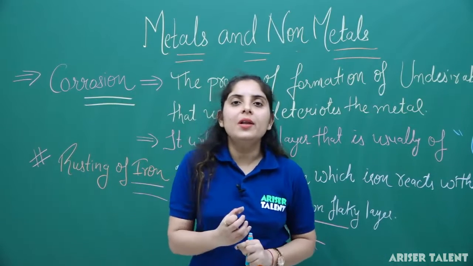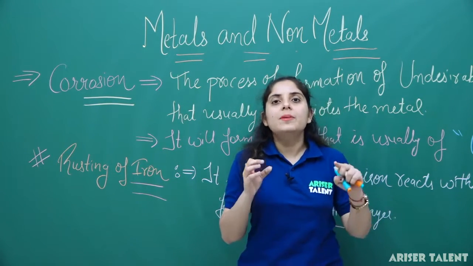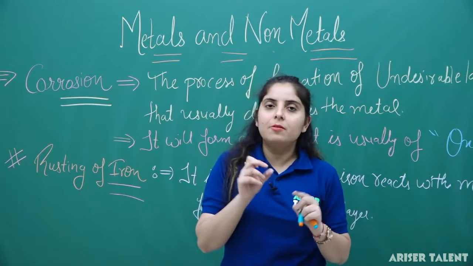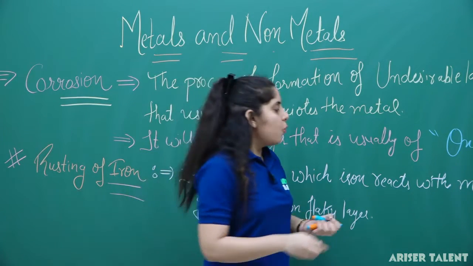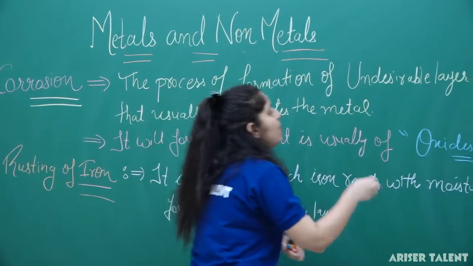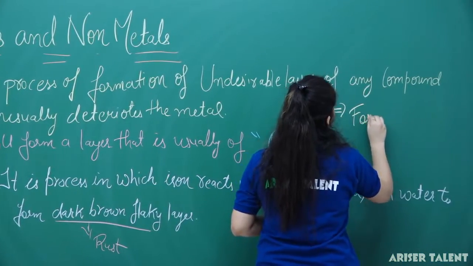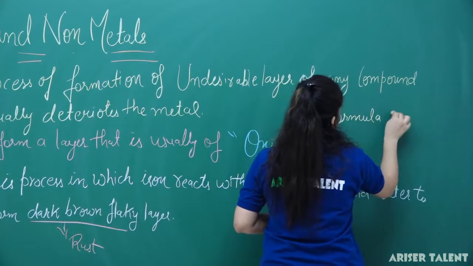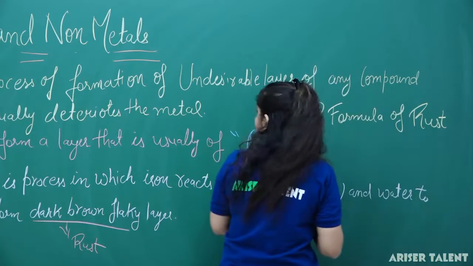Usually the formula for rust is iron third oxide, or we may say ferric oxide, that is Fe2O3.xH2O.